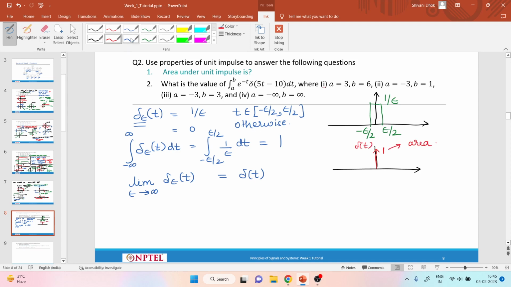So let's get convinced that it has an area of 1. We'll integrate with respect to t from minus infinity to infinity on both sides.